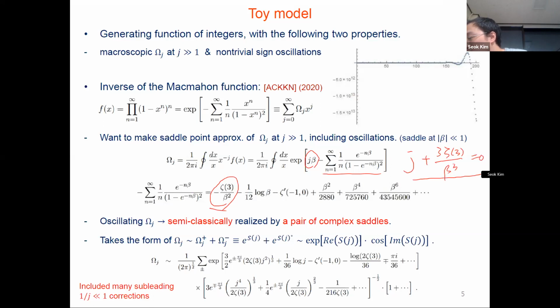So beta cubed at the saddle point is a negative number. What is it? Minus 3 zeta divided by J. So there are 3 roots.